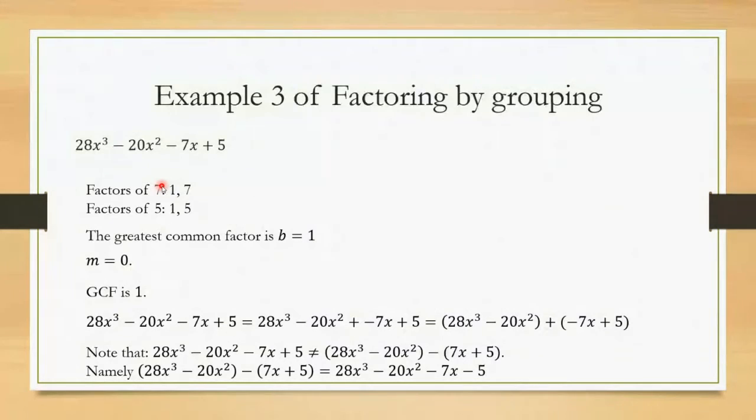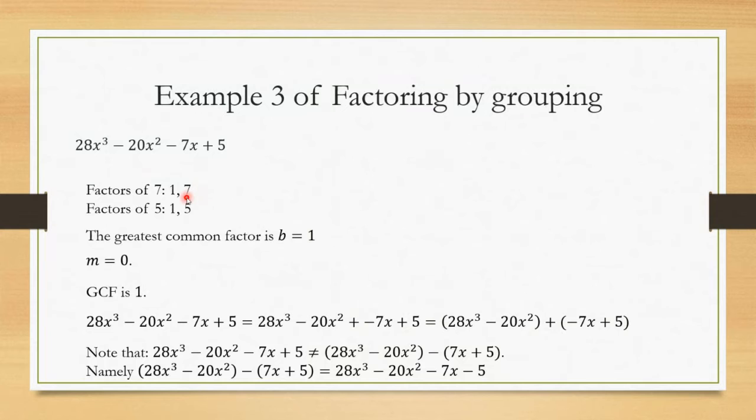For 7, its only factors are 1 and 7. For 5, its only factors are 1 and 5. 7 and 5 are also, just like 3, prime numbers. Their only factors are 1 and the number itself.